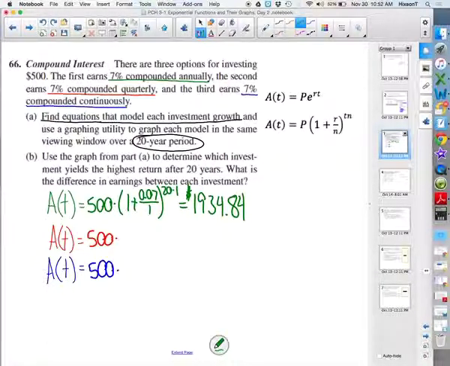We're dealing with money, so the smallest unit is the penny, so you should round to the penny, unless you're told otherwise.